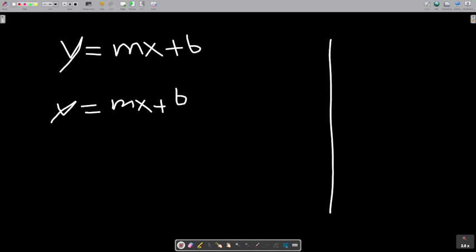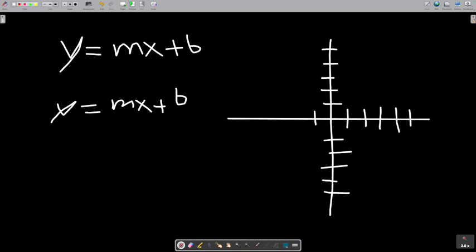Now, let's say we have a graph here. Let's have a graph of 5 on each side. Now, let's say the y-intercept, which is b, equals negative 3.